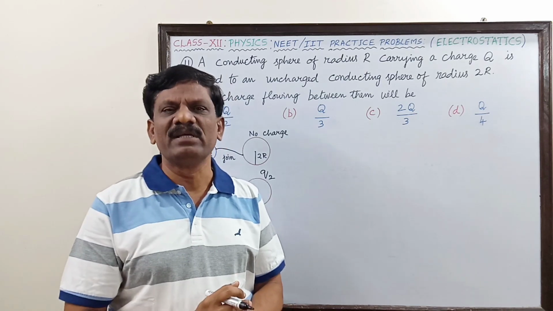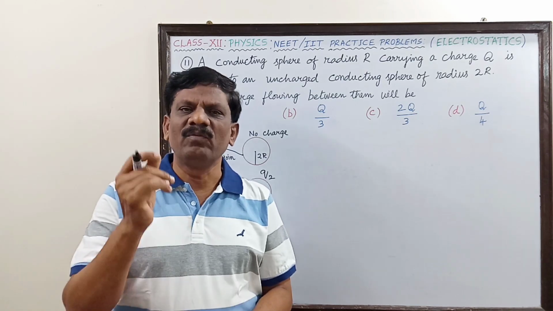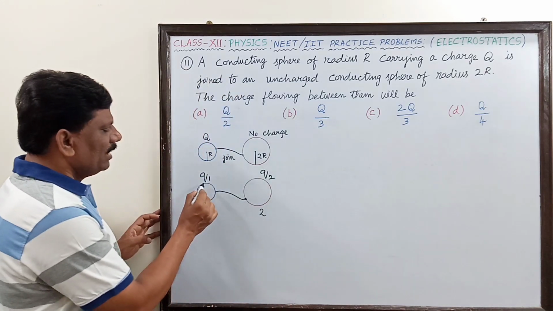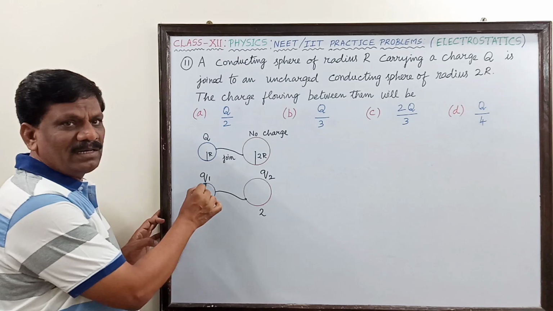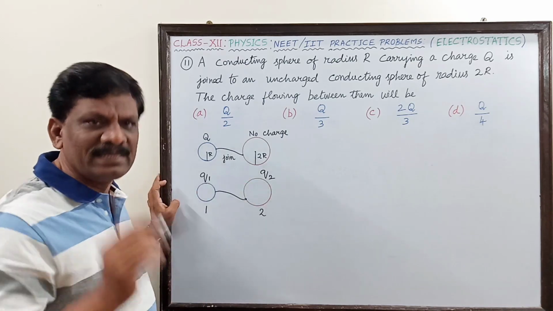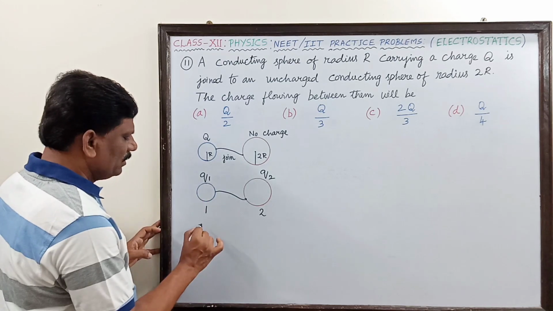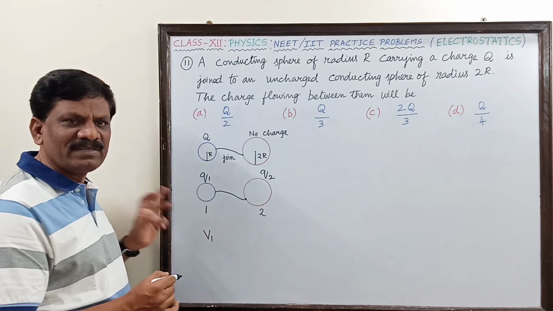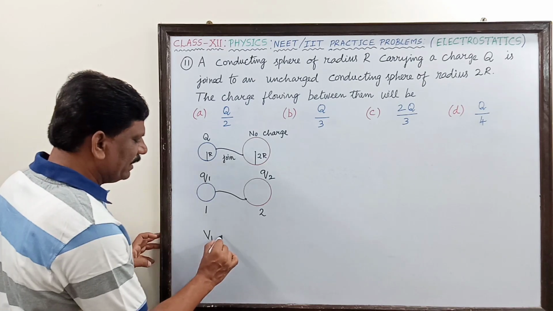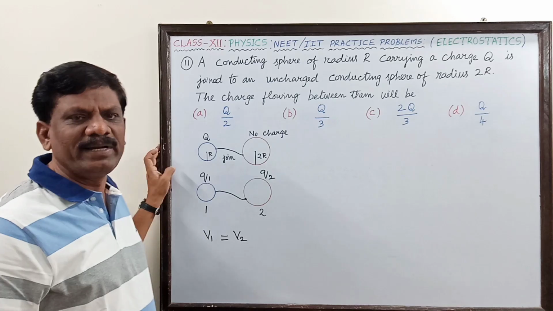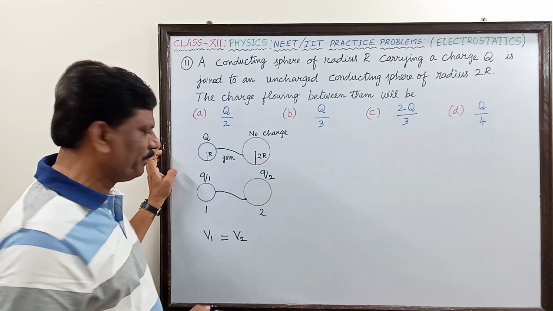Before that, my dear students, you should know that when a wire joins the two spheres, the potential at any point on the surface of the first sphere and the surface of the second sphere will be the same. So V1, the potential at any point on the surface of the first sphere, will be equal to V2, the potential at any point on the surface of the second sphere.